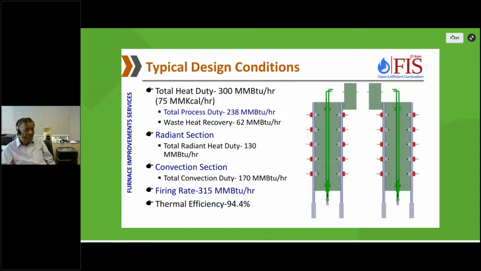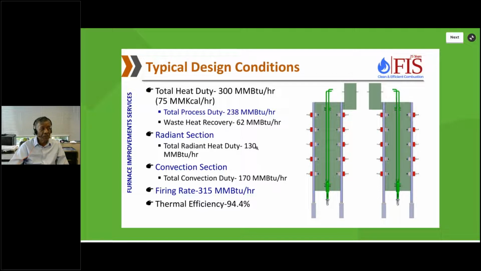This is a typical design of a cracking heater. Duty is about 75 million kilocalories, 300 million BTUs. Total process duty is around 240. Waste heat recovery is around 62. Radiant section heat duty is around 130.